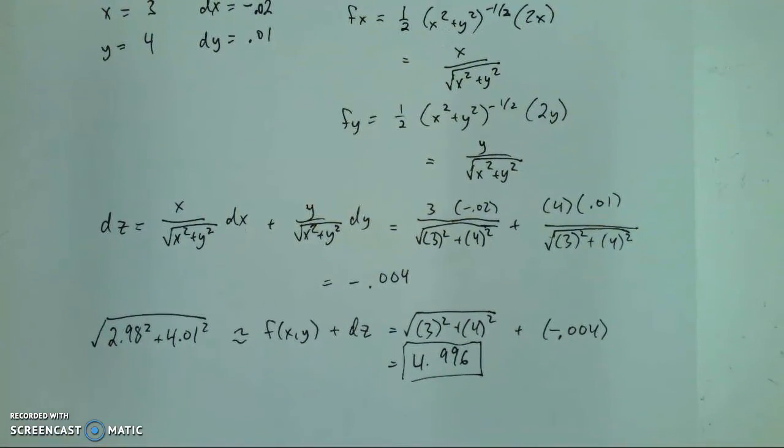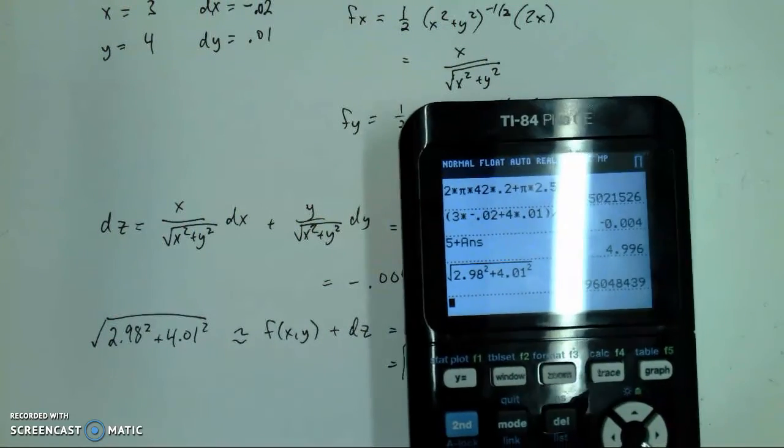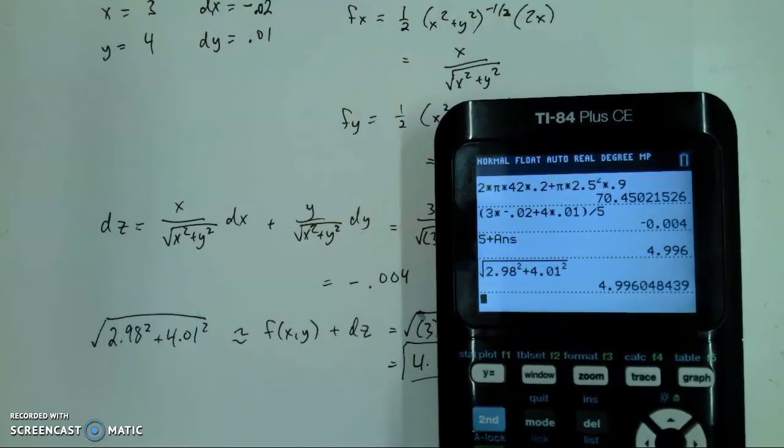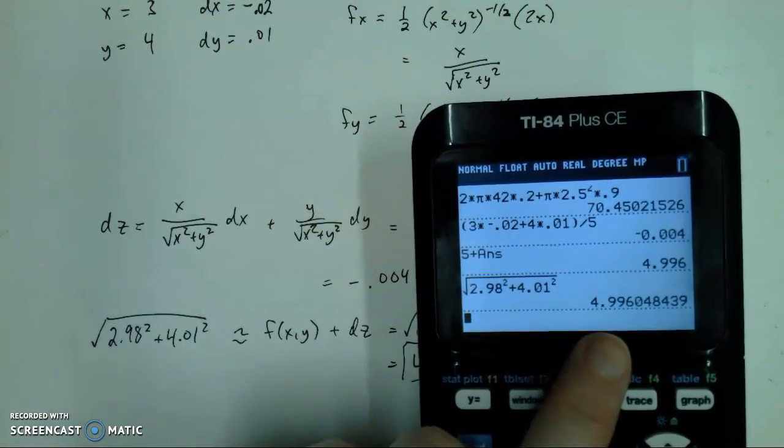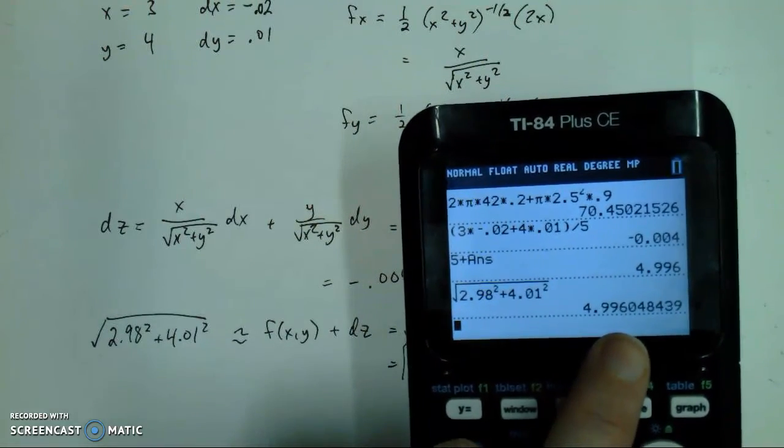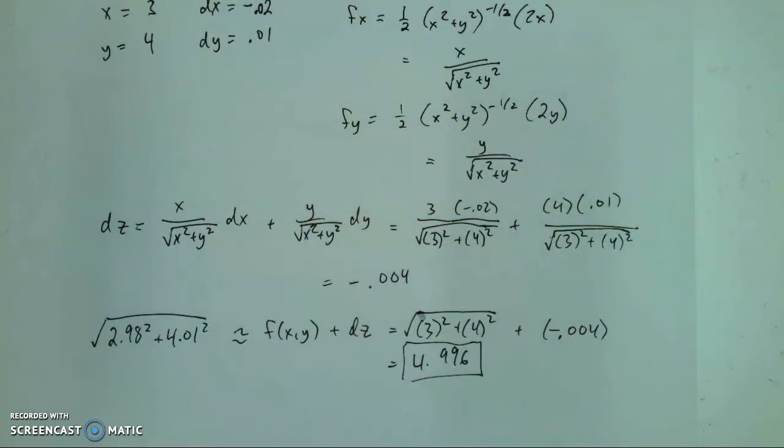Now, I'm going to do one last step to check. Since I do have a calculator, let's type that into my calculator. So let's do the square root of 2.98 squared plus 4.01 squared. And just to pull this up real quick so you can see, my answer is not quite 4.996, but that's actually pretty darn close.